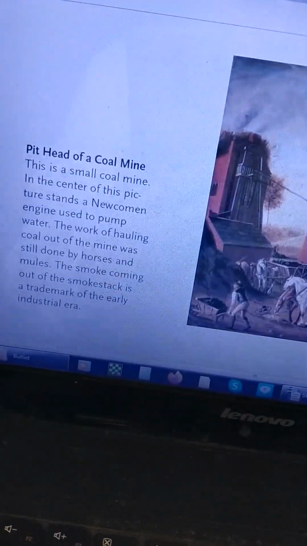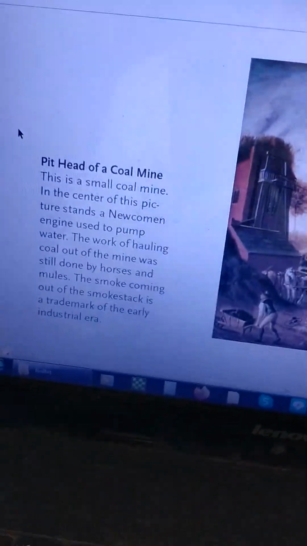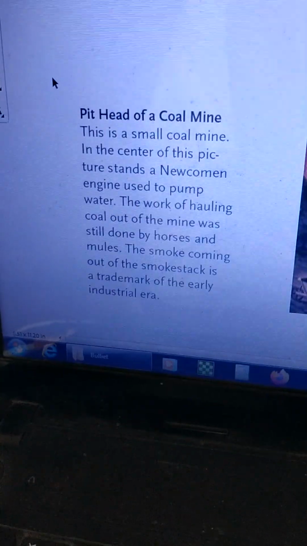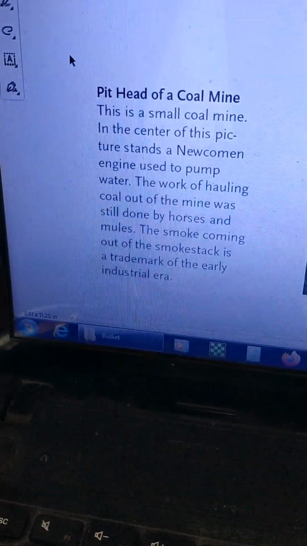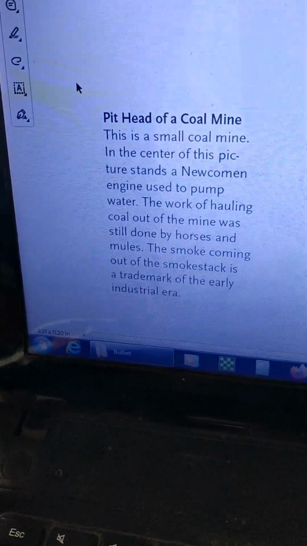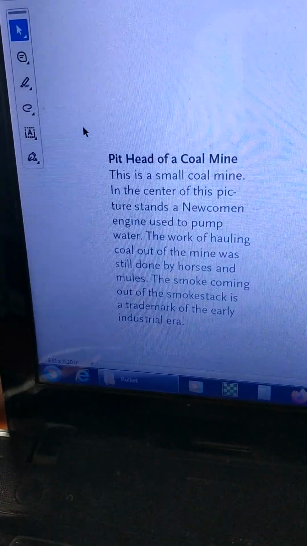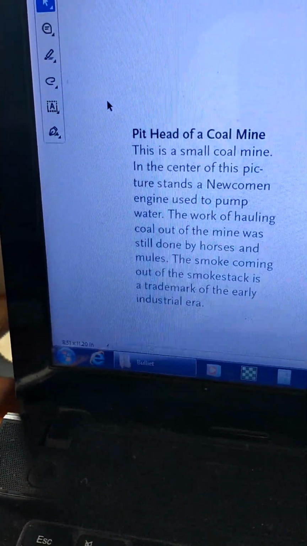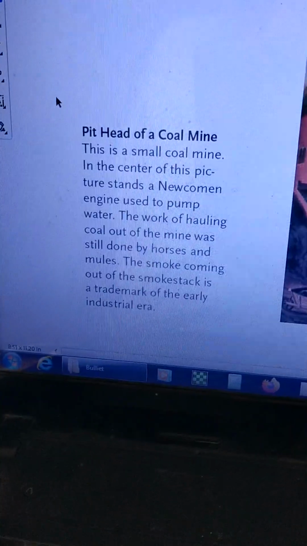Yeah, here we go. Pithead of a coal mine. Now, we've already seen then the significance of coal. How did Britain industrialise? On the basis of its coal industries and on the basis of slave labour producing the raw material cotton. Here we go. Pithead of a coal mine.